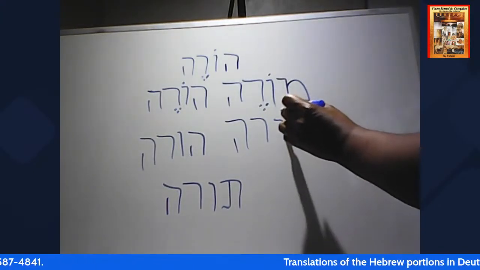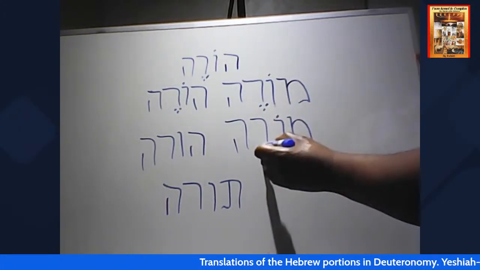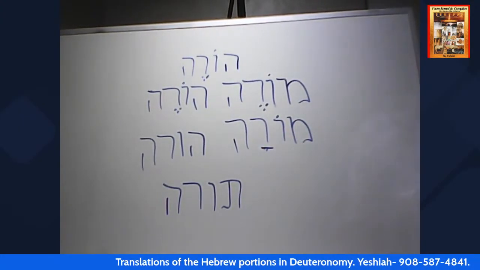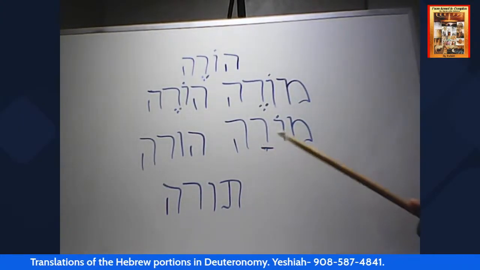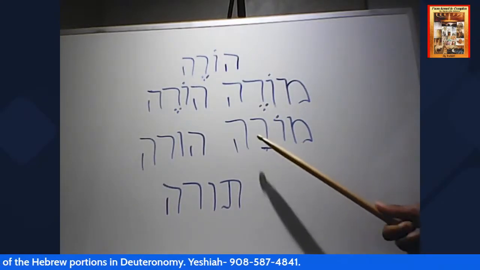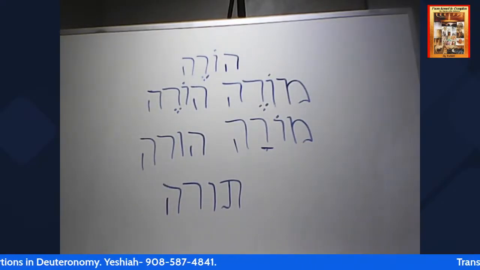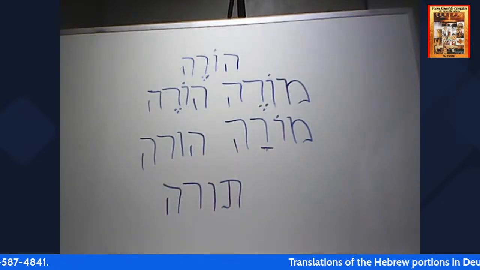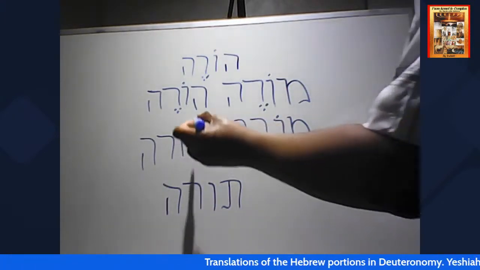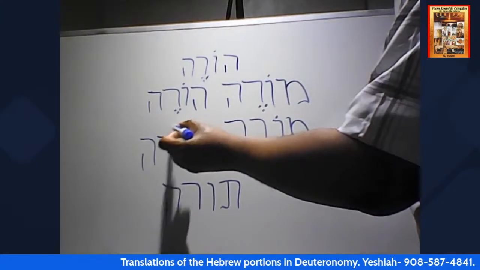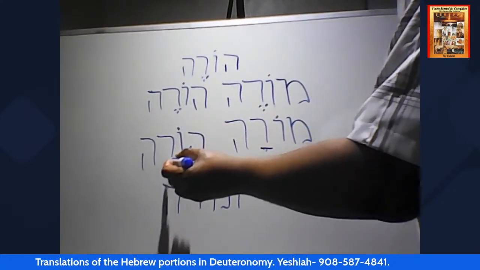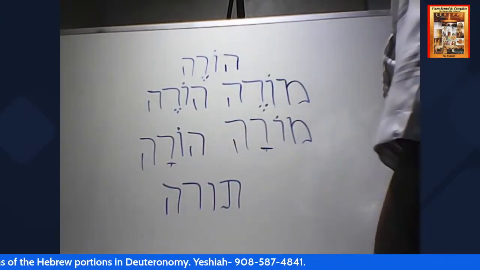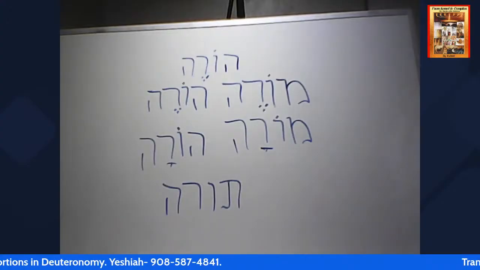And we have it as morah. The word morah, meaning teacher, a female teacher. All right? Then we have here the word hora. Okay? Hora, meaning female parent.